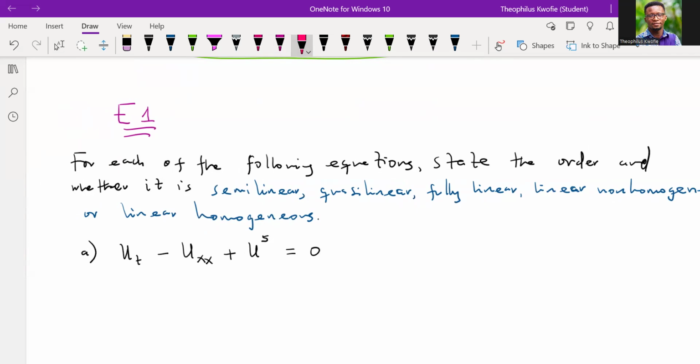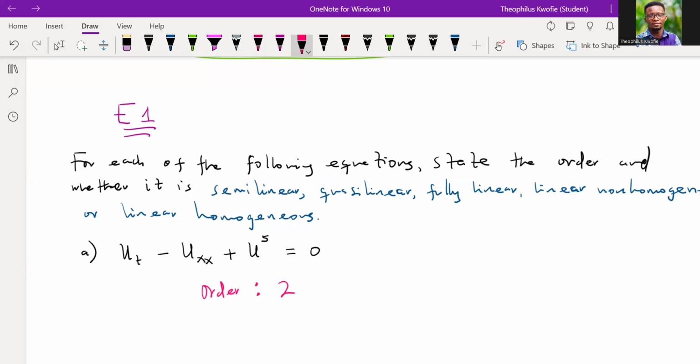What is the order of this PDE? We said that the order of a PDE is the highest derivative in the given equation. So what's the highest derivative? It's 2. So the order of this PDE is 2. Good. Let's take note of that.